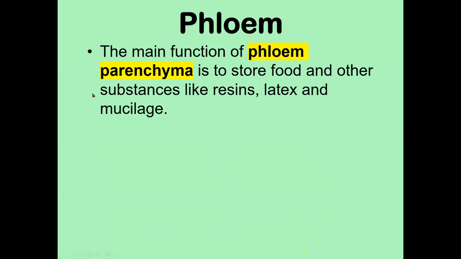So it stores food and other things like resins, latex, and mucilage. When you've got a rubber tree and they tap the rubber, they tap the tree by cutting it, and then from these parenchyma cells or layers, you get the flow of latex and various other things, resins.